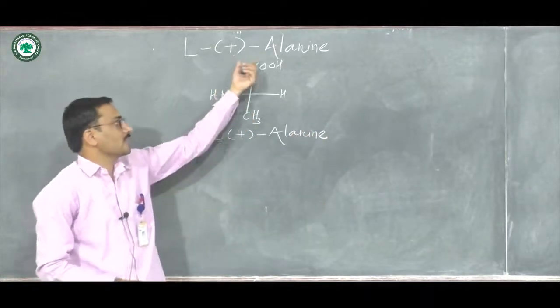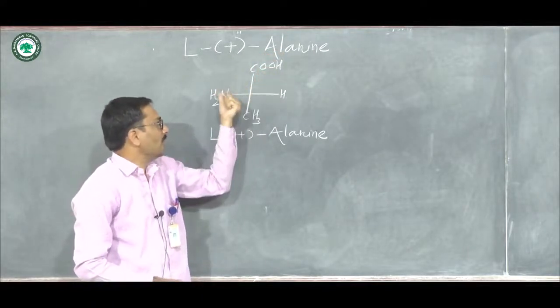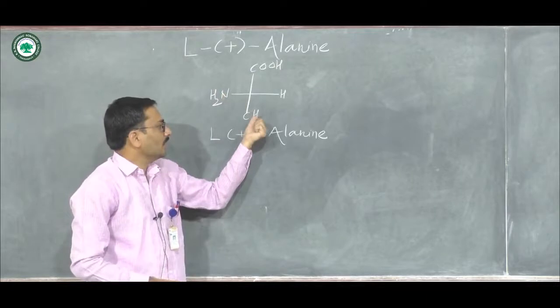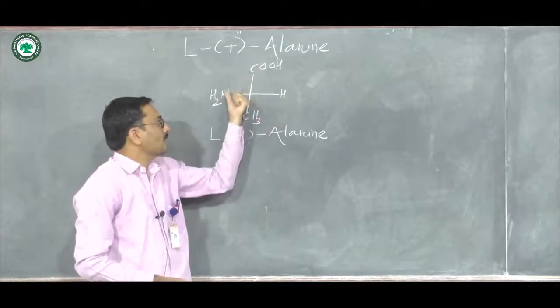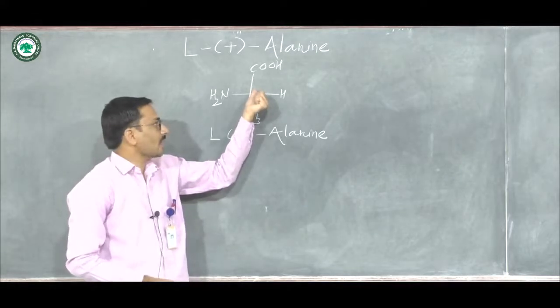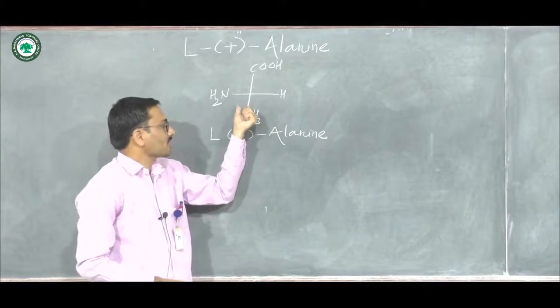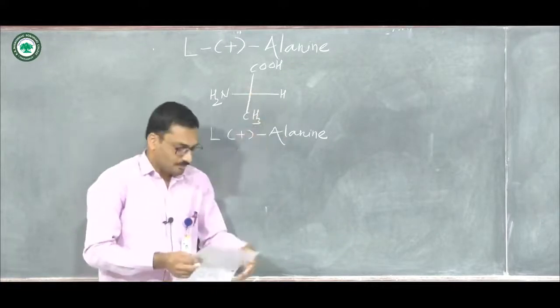It is an amino acid molecule having a carboxylic acid group, NH2 group, one methyl and a hydrogen. All these four substituents are present at this particular carbon, and this is a chiral carbon having L configuration. In this Fischer structure we can write the structure of L-alanine.